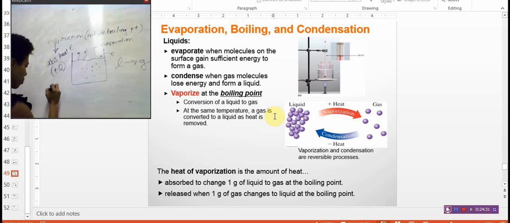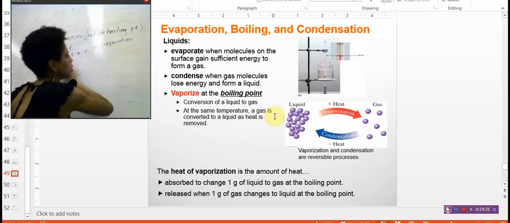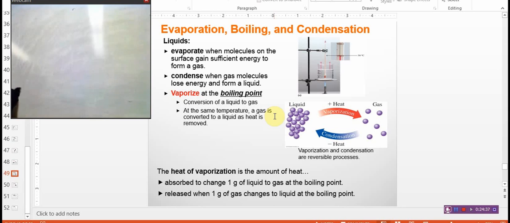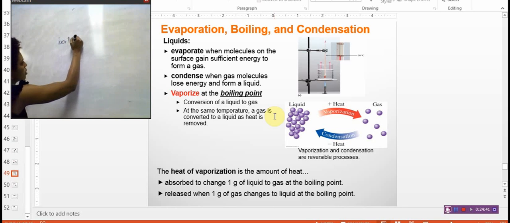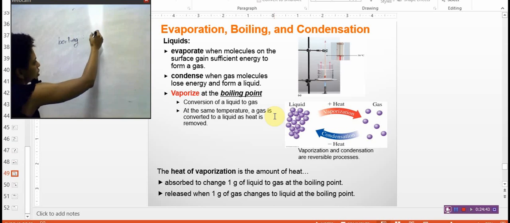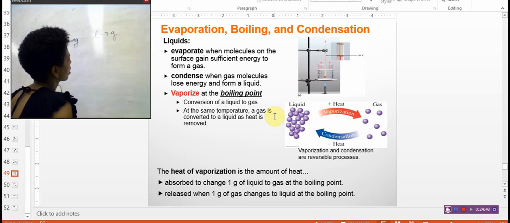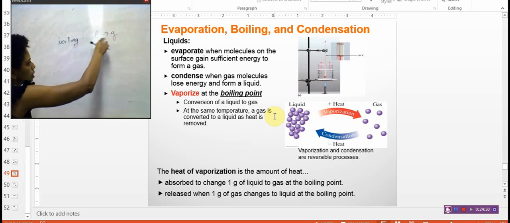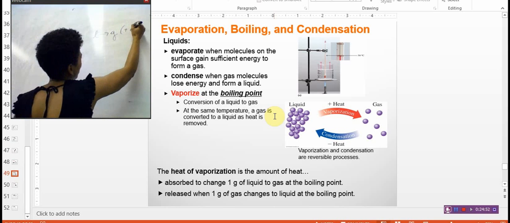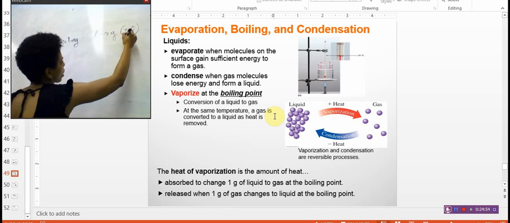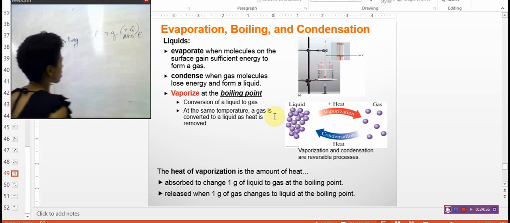We also have boiling. Well, I want to do it like I did the last one. Let's say I have boiling, and in this process, I'm going from a liquid to a gas, right? And if I'm going from a liquid to a gas, I'm going to have a positive Q because I am absorbing energy, right?